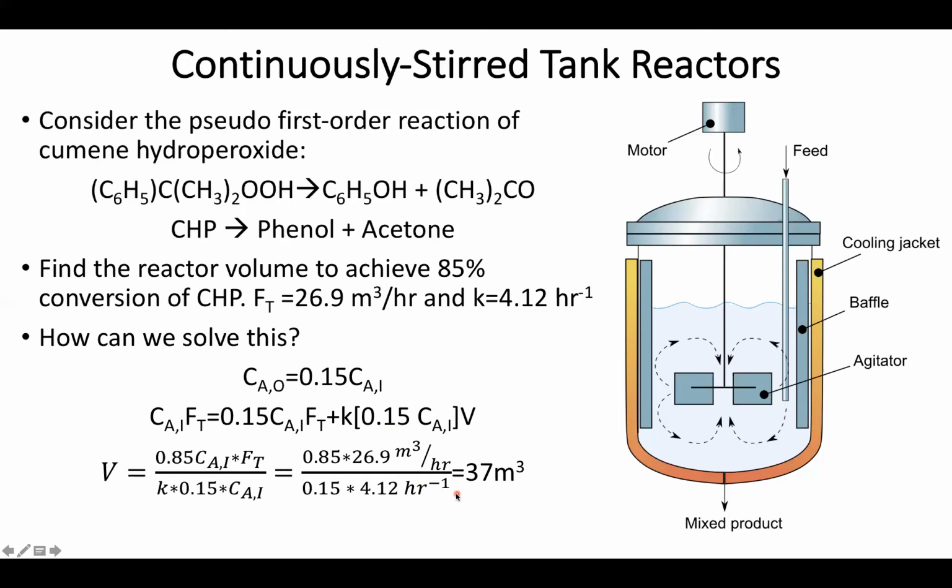And when we do this, we find that we need a reactor of about 37 cubic meters. Or in other words, a reactor a little under 4,000 liters. So we need quite a large reactor to help drive this percent conversion. Now, it is worth noting we are pumping in at a fairly large feed rate of about 30 cubic meters per hour.